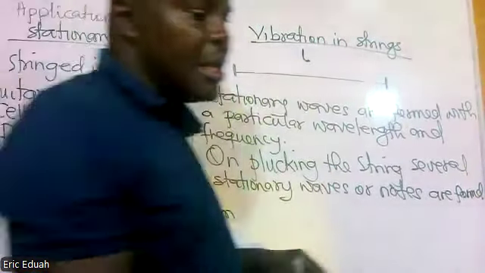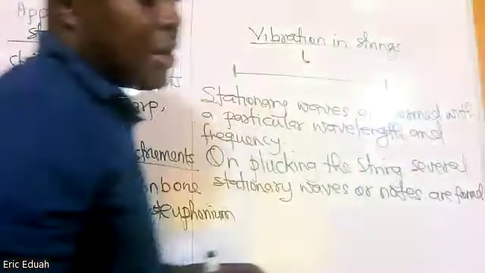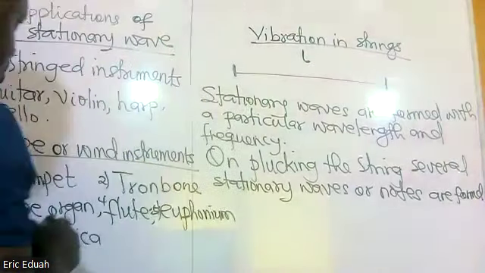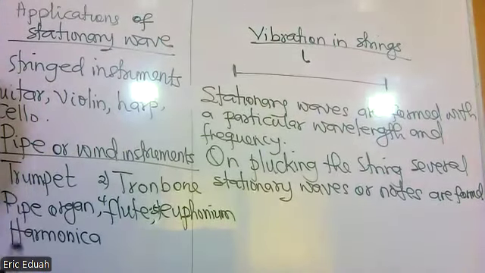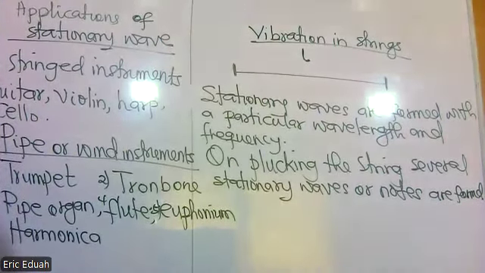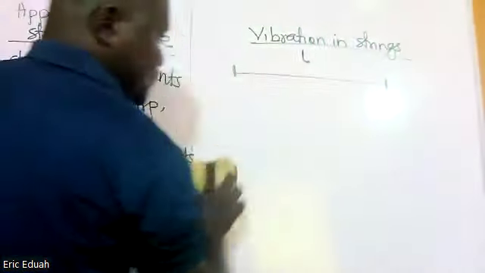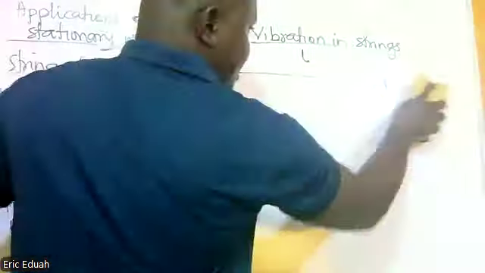Okay. Now, if I have a string of length L, the first possible notes or stationary wave, the notes are also the stationary waves, that can be produced is this. The fundamental stationary wave or note that can be produced is this. The trick in generating the notes can be done using progressive wave.